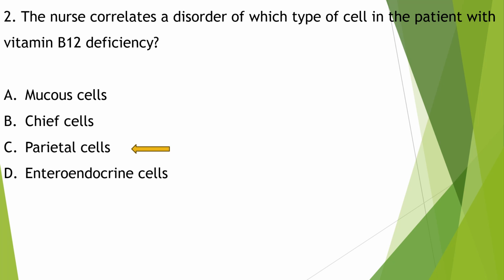They secrete HCl. Mucus cells secrete mucus, which protects the stomach lining. Chief cells secrete gastric lipase and enteroendocrine cells secrete hormones needed for digestion.